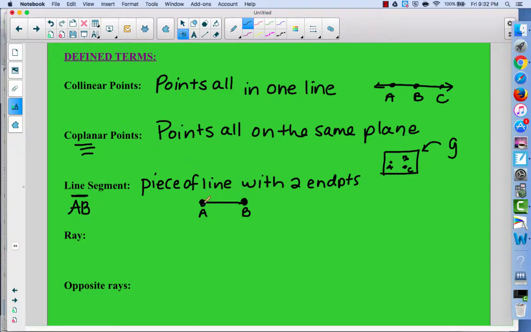And it includes any other point that's in between A and B. A ray is another piece of a line, but it starts at one endpoint and it goes infinitely in one direction.